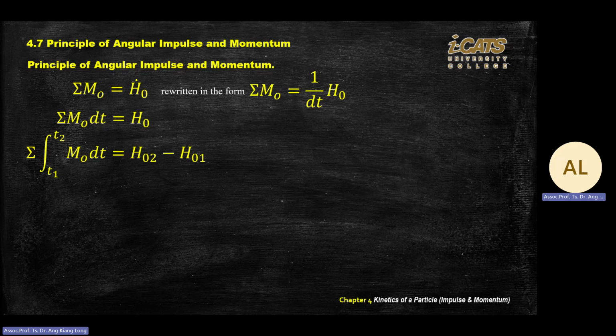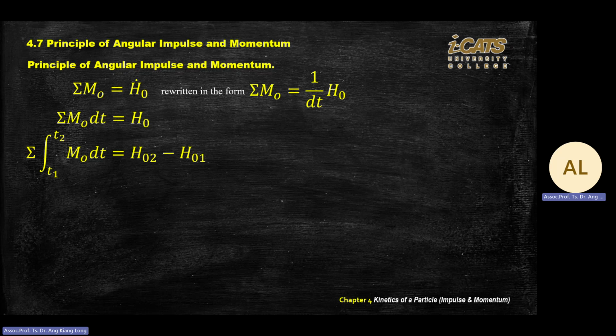It's the same derivation as the previous one when you learned the principle of linear impulse and momentum, but now it's angular impulse. This stage you can call the principle of angular impulse and momentum. Angular impulse is on the left-hand side, and angular momentum is on the right side.